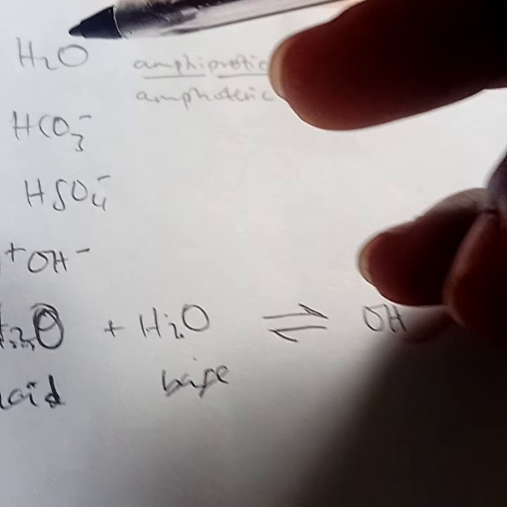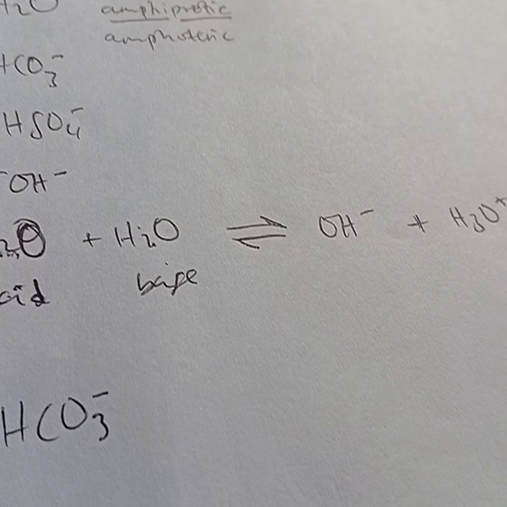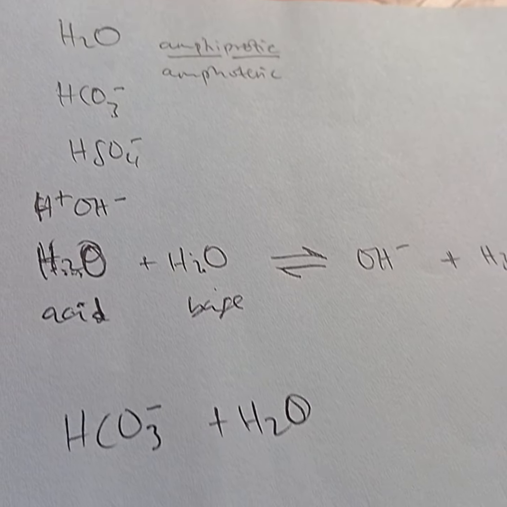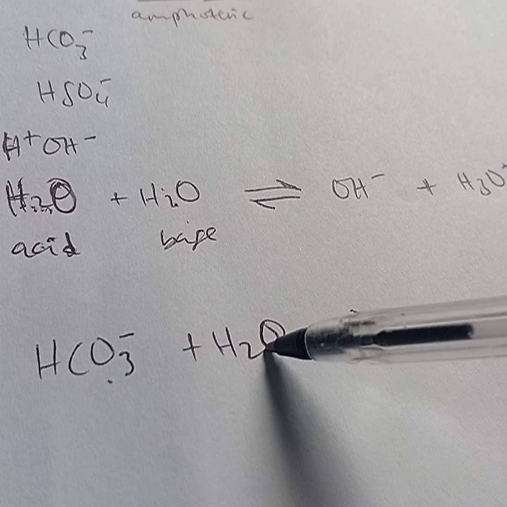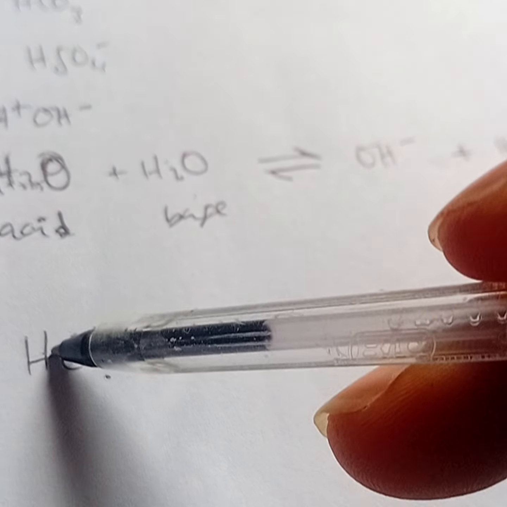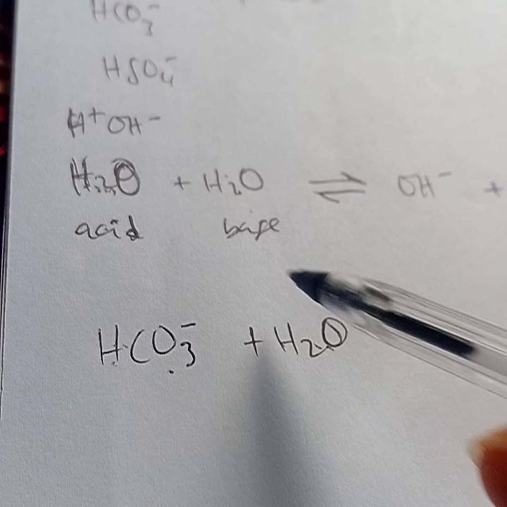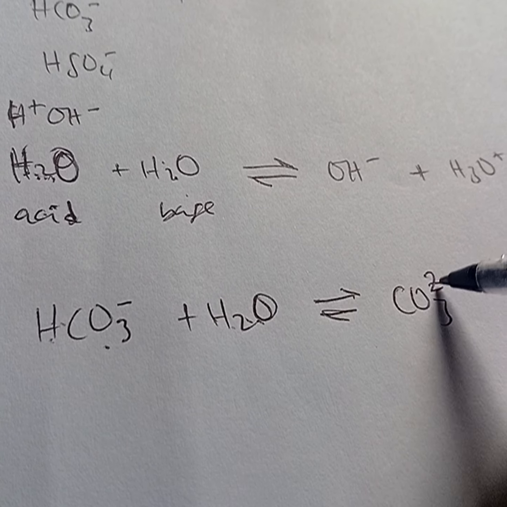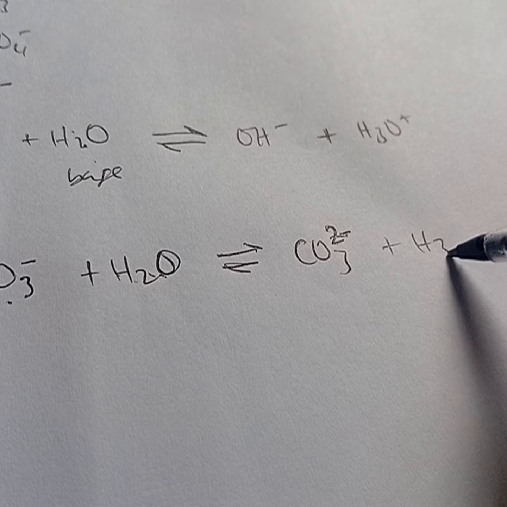This species also does the same. HCO3 minus, let's assume we put it in water. What is going to happen? This is going to donate a proton to the water molecule, and it will form CO3 2 minus, and the water becomes H3O plus.